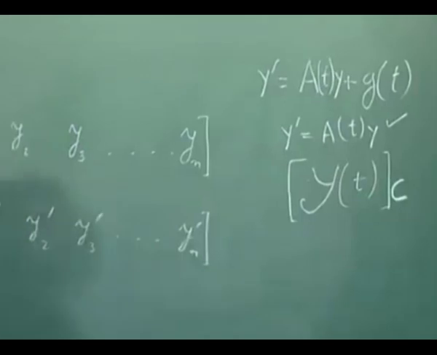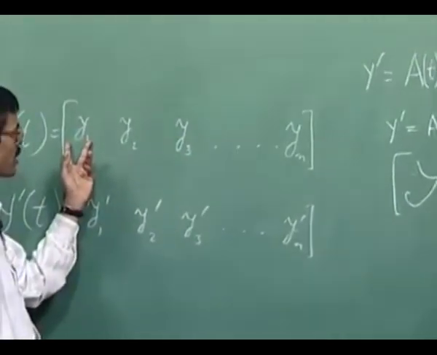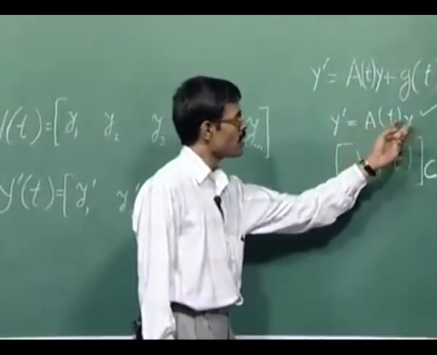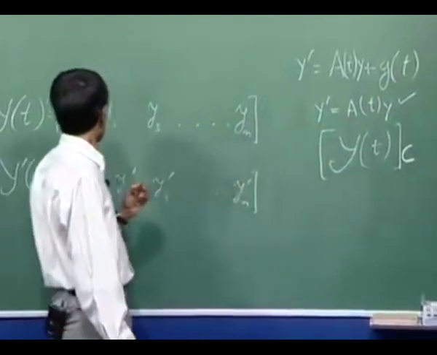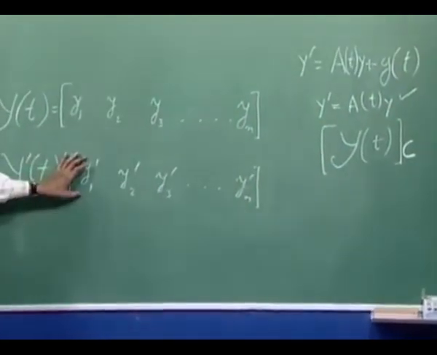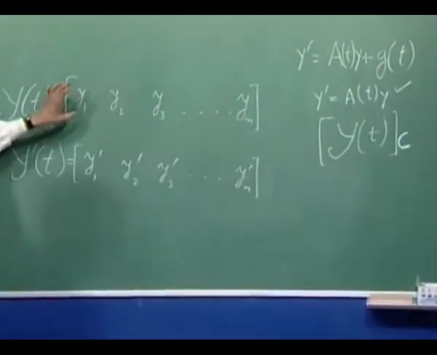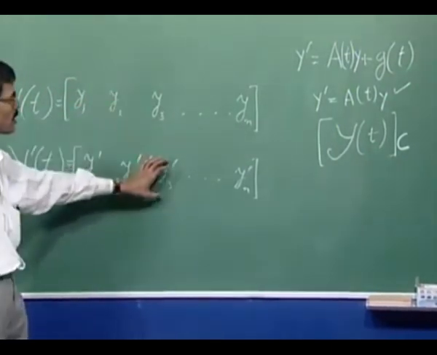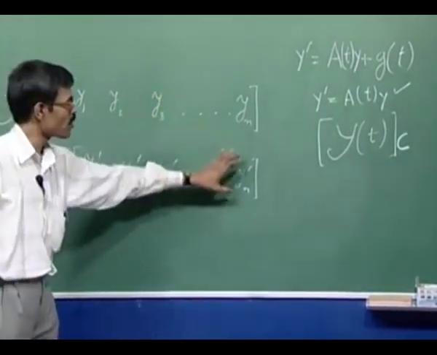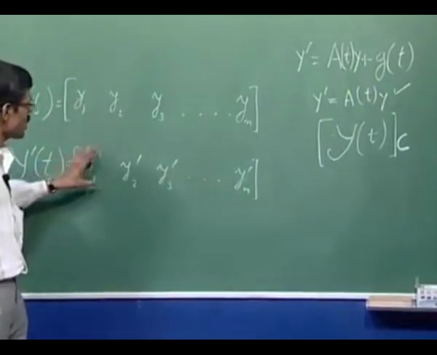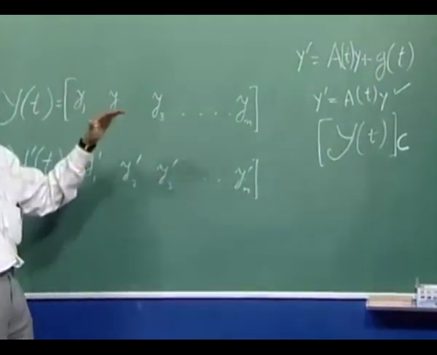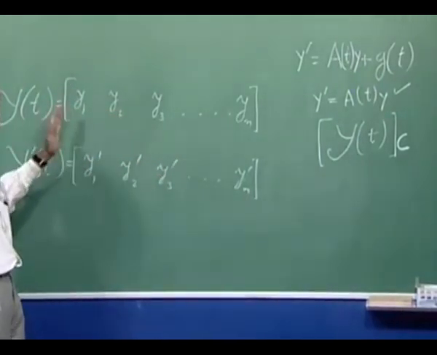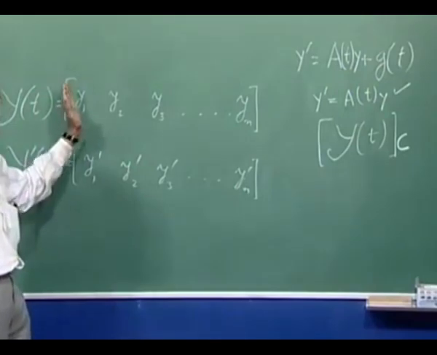So, that means y1 prime is A into y1, similarly this is A into y2, similarly this is A into y3 and so on. So, that means this entire matrix column by column will be found to be A into this matrix column by column.